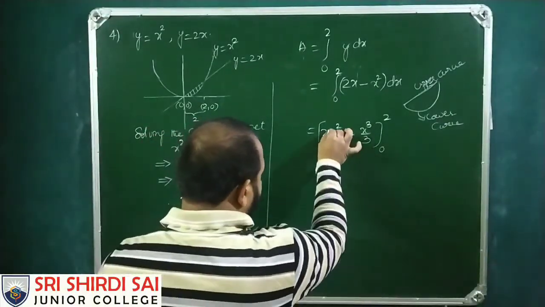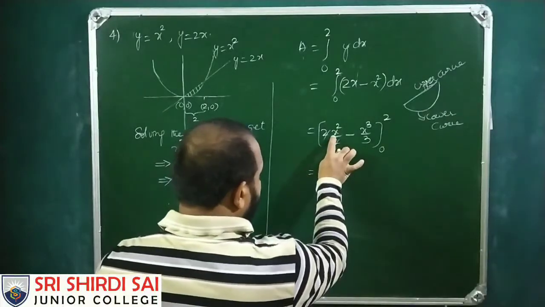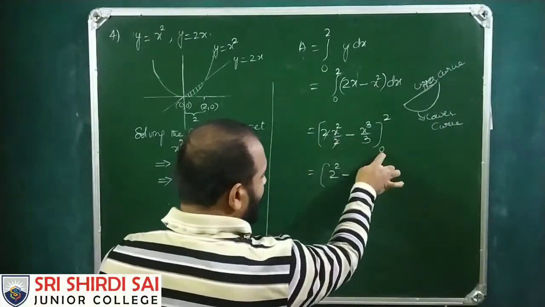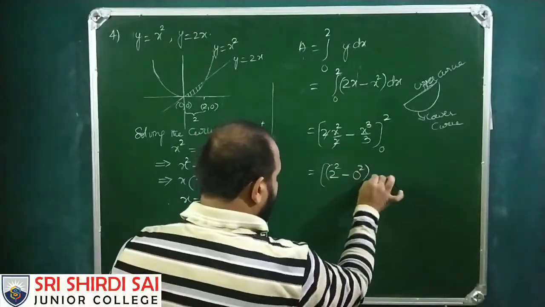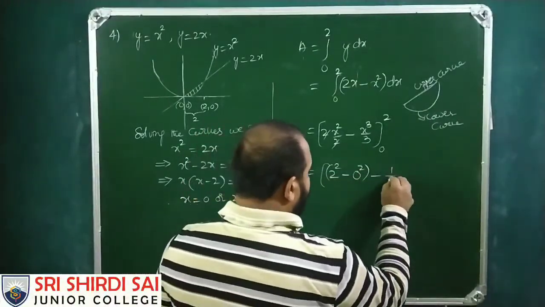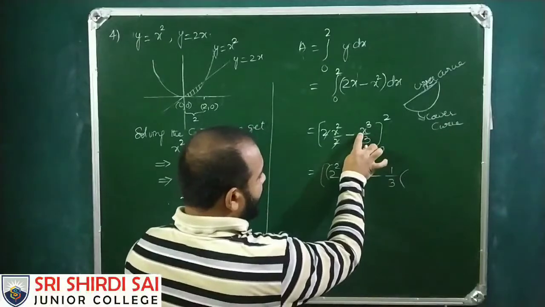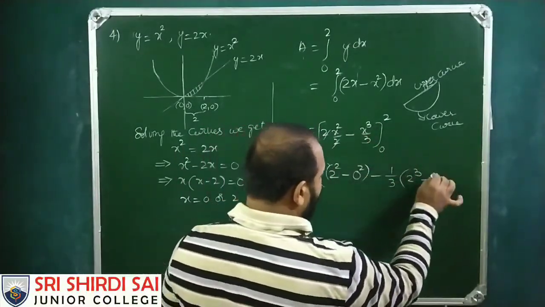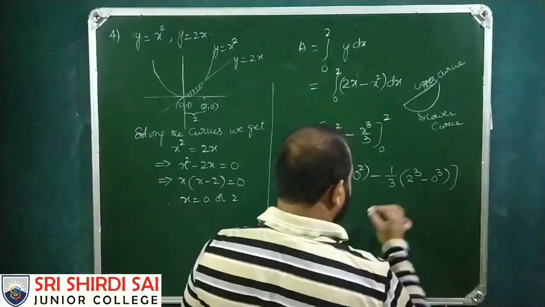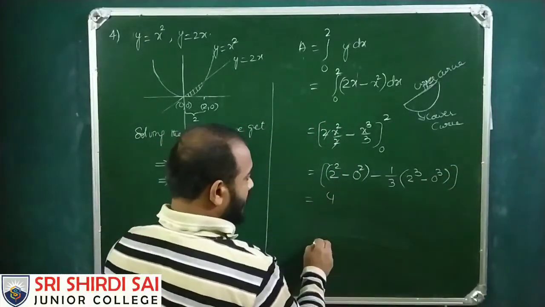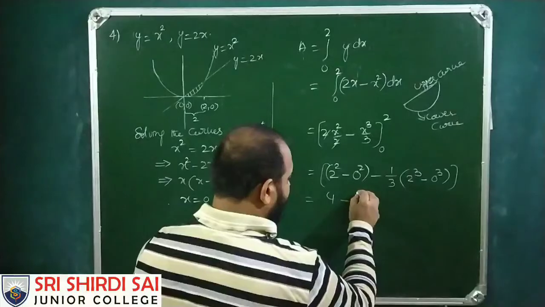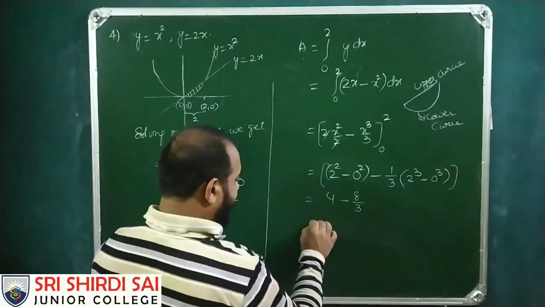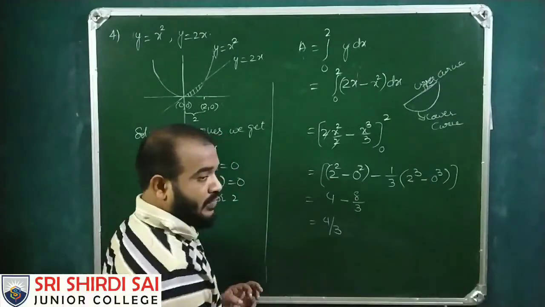So 2 gets cancelled. In the place of x, upper limit 2 square, minus lower limit 0 square, minus 1 by 3 times upper limit 2 cube minus lower limit 0 cube. 2 square is 4 minus 2 cube is 8 by 3. 3 4s are 12 minus 8, 4 by 3 square units.